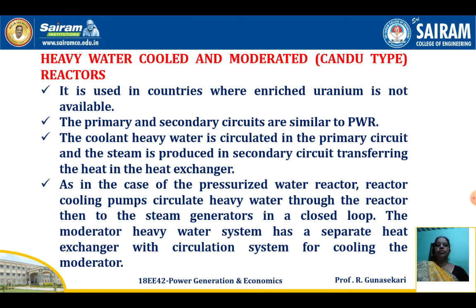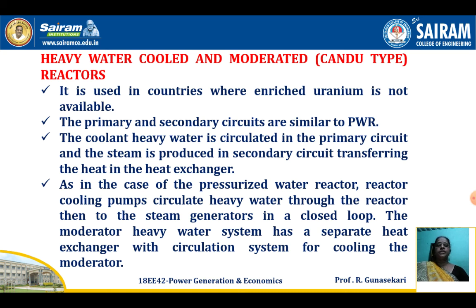In the reactor core, the heavy water goes to the heat exchanger, and only then is the secondary water heated. So the coolant heavy water is circulated in the primary circuit only, but the steam is produced in the secondary circuit. Therefore, the two circuits, primary and secondary, are similar to a pressurized water reactor.